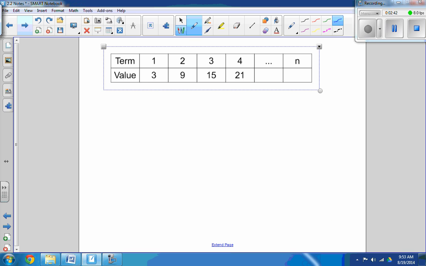Well, let's look at another way we can create that same equation. I already know I'm going up by 6 each time. So I'm going to set up my equation, 6n plus some unknown, equals the value, we'll call v.